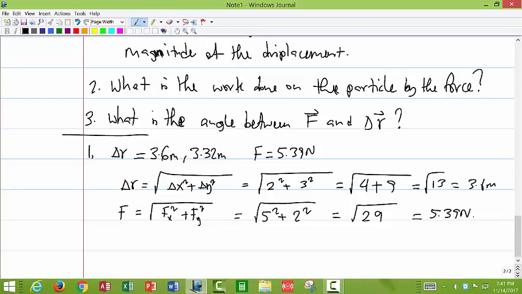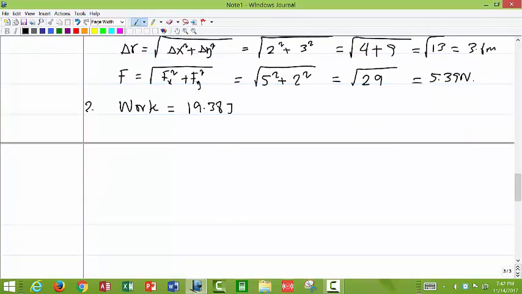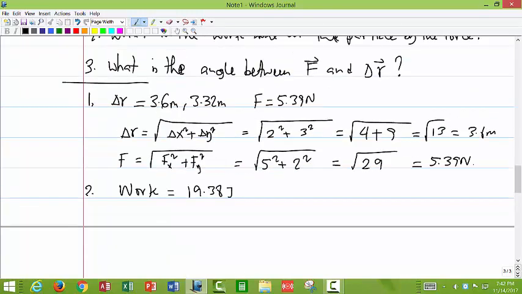And then what is the work done on the particle? So number 2, what is the work done? 19.38. Okay, 19.38 or 19.4 is fine. So for work, you're going to do F dot delta R. What is F?